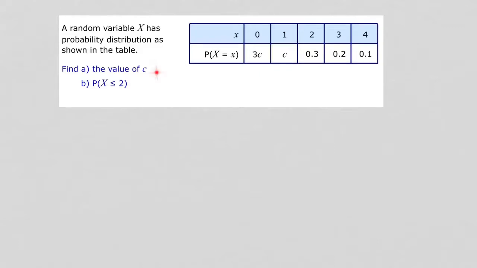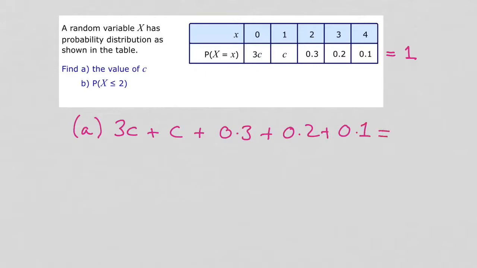Only this time we've got a letter in here, so we haven't got all the probabilities. Question A, find the value of C. Well, we need to use our knowledge here that all of these are going to add up to 1. So, for part A, 3C plus C plus 0.3 plus 0.2 plus 0.1 must equal 1. So 4C plus 0.6 equals 1.